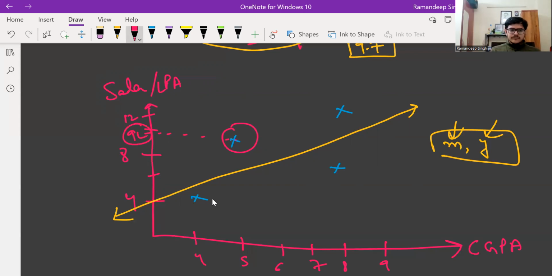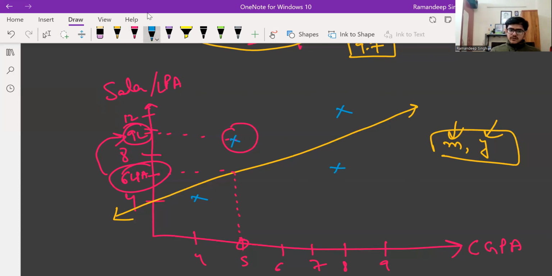But if I ask my regression line that if I have got a CGPA of 5, what is the salary I can expect, it is telling me that you could expect a salary between 4 and 8, let's say 6 LPA. So a person is getting 9, but my regression model is telling me that I will get a package of 6 LPA. That's strange, right?